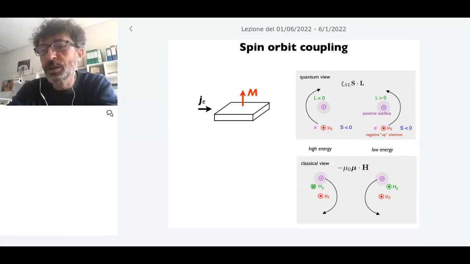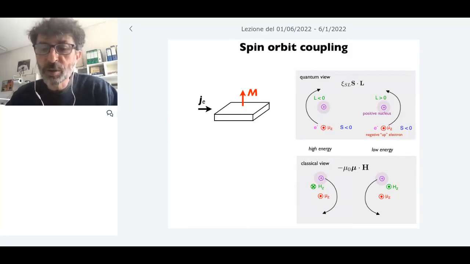Then the spin of your electron will have a coupling with the magnetic field generated by what you see as a current. This is a classical view, and it means that between the spin, the magnetic moment intrinsic to the electron, and the orbital motion, there is a correlation.